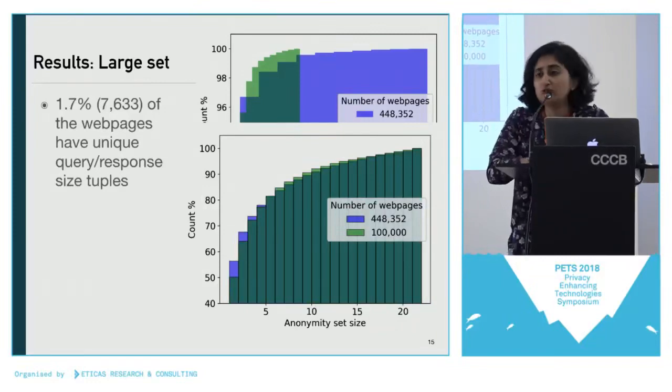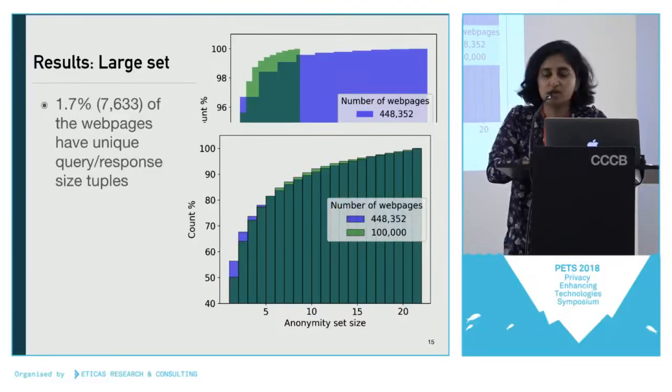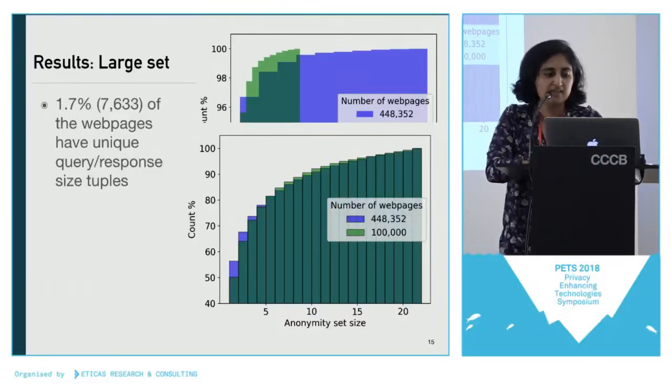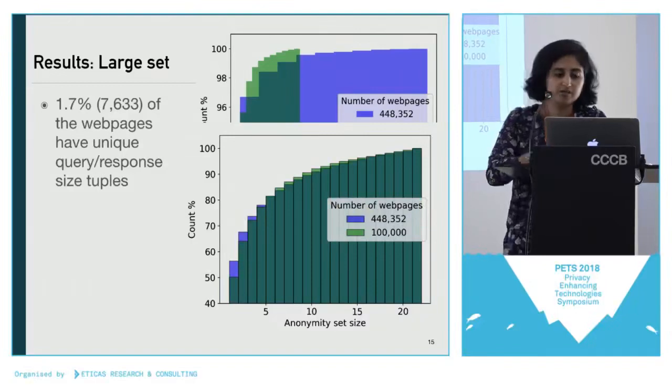If you look at the list of the web pages that we got, these include pages related to healthcare data, for example a page for cancer screening. We had financial web pages, such as a page to calculate your credit score. And then there are a lot of pornographic web pages as well, which could possibly come under censorship.